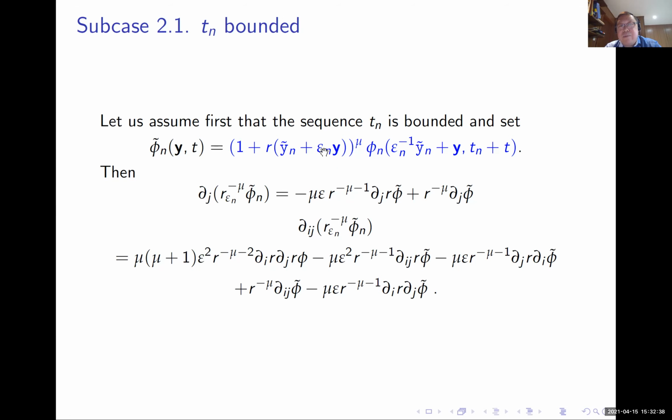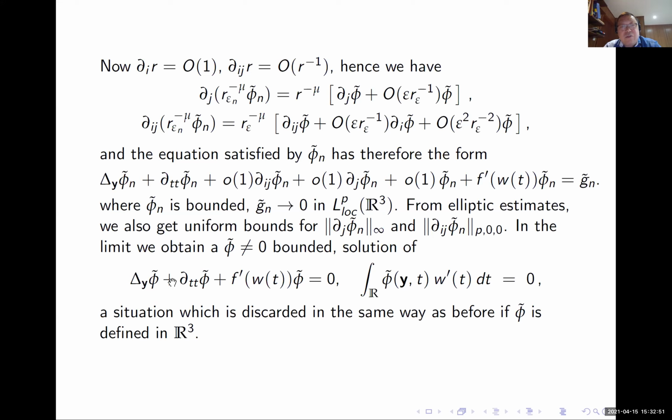You rescale the problem and compute, and because of the small parameter epsilon here, you also get an equation in the whole space, and then you use the orthogonality condition to exclude this case.